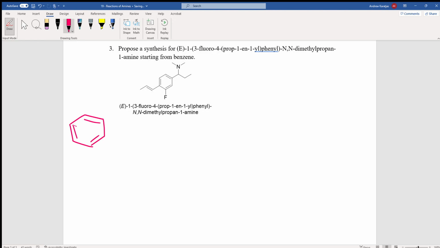Because this is a lot going on, and we're just going to start, and we may hit some dead ends and have to backtrack, but that's part of doing a synthesis question. So when I look at this, I see that amine there, and my initial reaction is that I want to make that from a reductive amination.